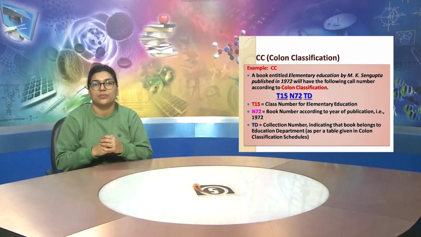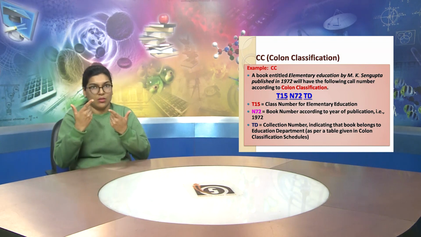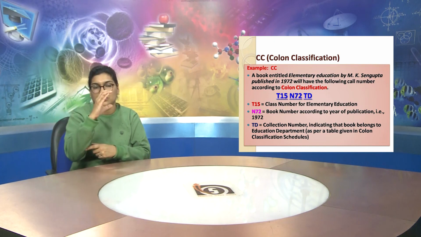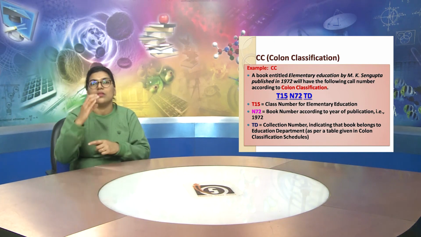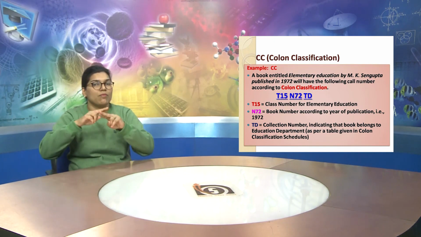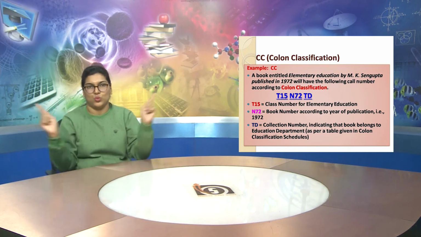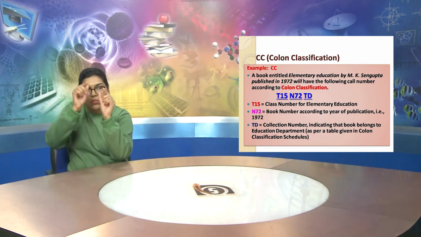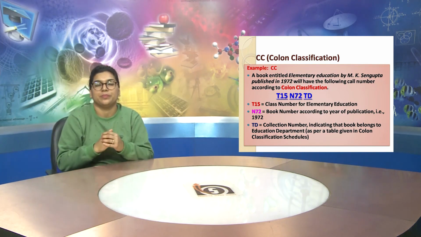Now here CC is colon classification. It is the Indian classification system. So this also we need to understand. In this also there are basically 3 partitions which you can see on screen.